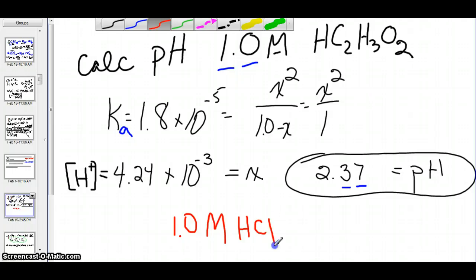Well, the hydrogen ion concentration is going to be 1.0 molar, and the pH of 1.0 molar, what is that? That's equal to 0, isn't it?